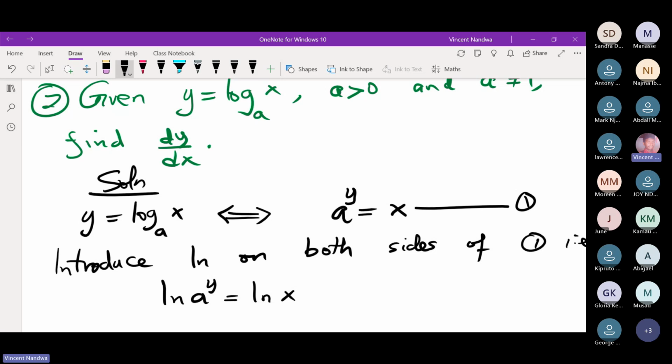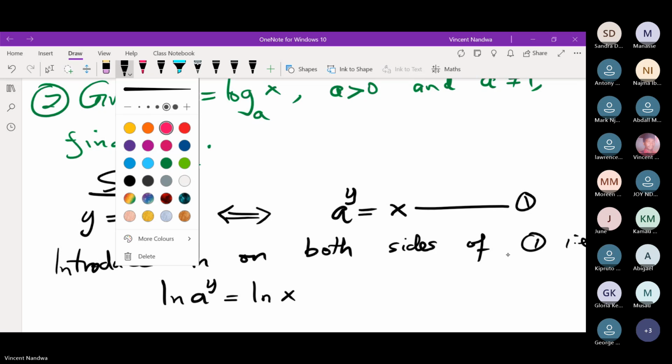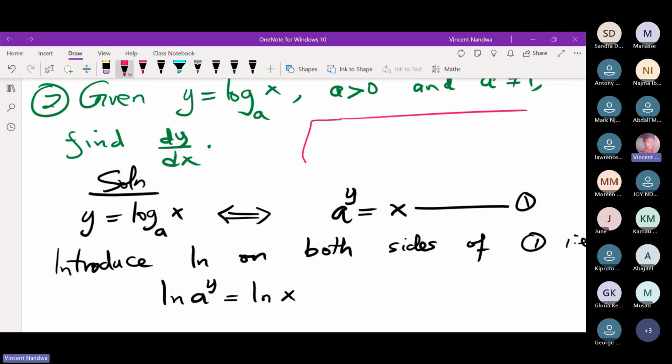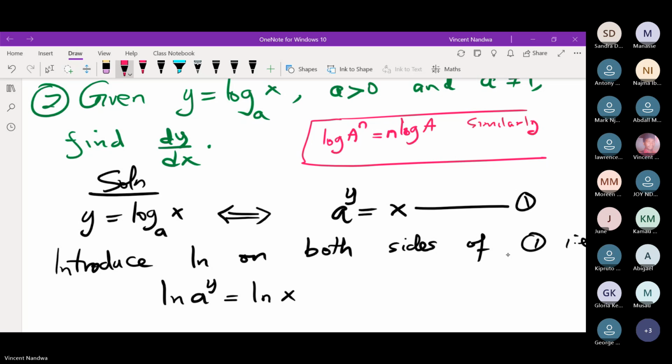Then from your Form 3 work, if you have log of a power n, how can we rewrite this log expression? n log a, correct. Similarly, if you are given ln of a power m, then this is the same as m ln of a.